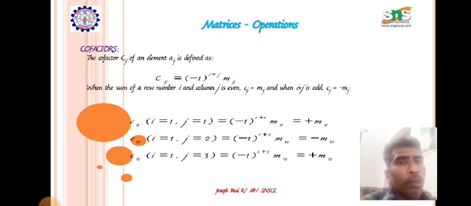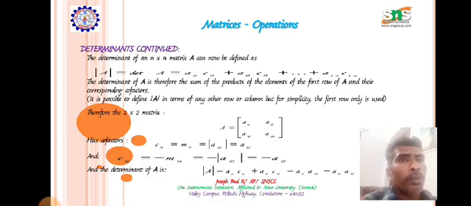Similarly, we look at C13. When we add, we have an even power, so minus 1 to the power even is positive, times M13. Likewise, we are finding the determinant value.